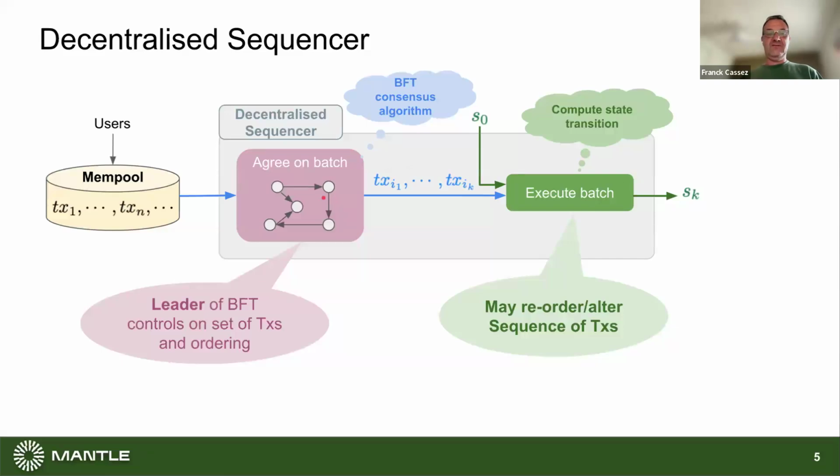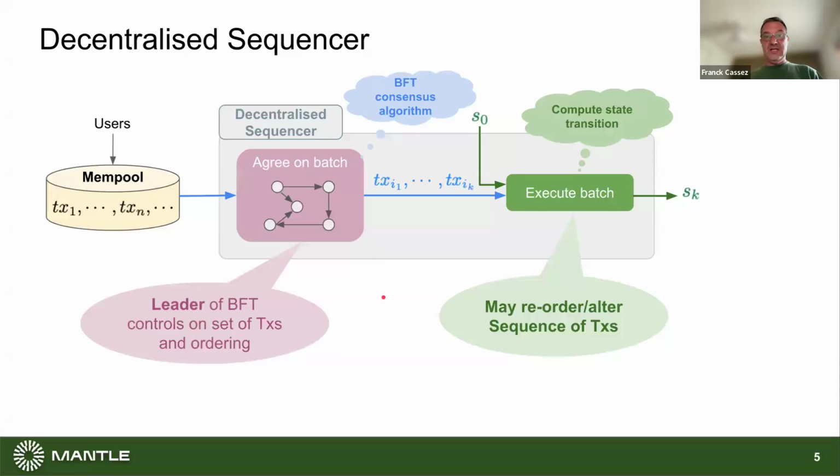So this doesn't really solve the problem of censorship, because the leader of, let's say, a BFT protocol controls the actual choice of the transactions. And what's usually called censorship resistance, even at the Ethereum level, is based not on the use of a consensus protocol, but the most important part is to have diversity of the participants if you want to improve censorship resistance. So using decentralization in itself doesn't solve the problem.